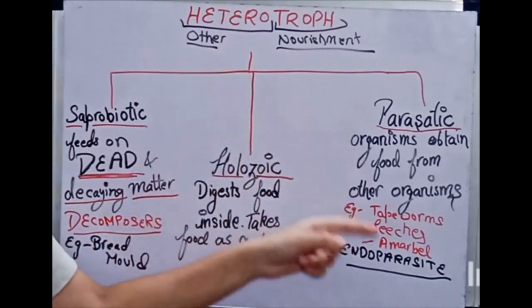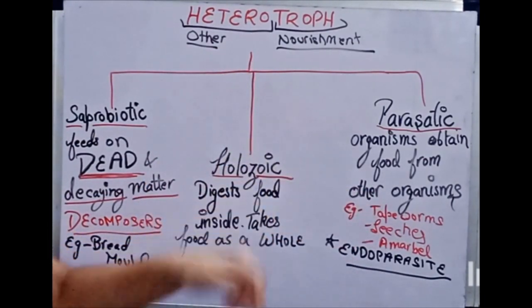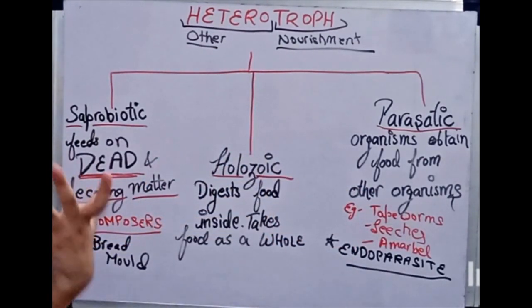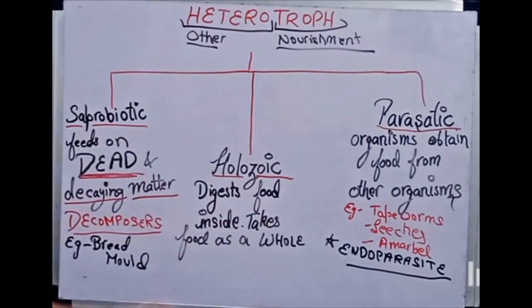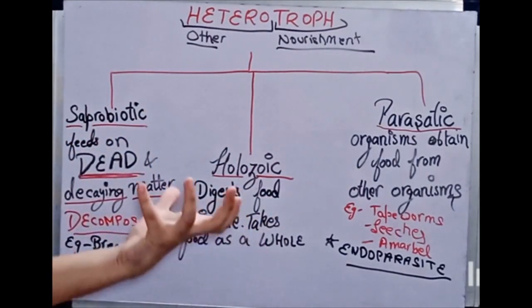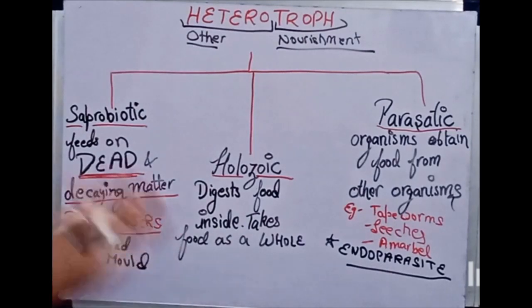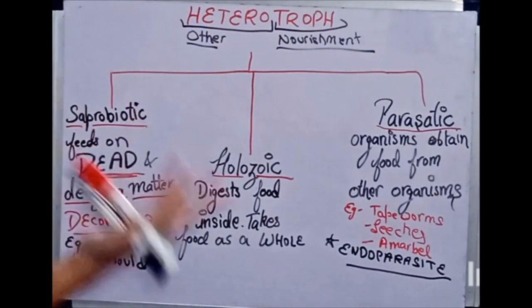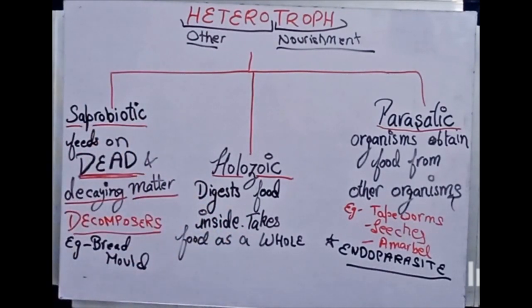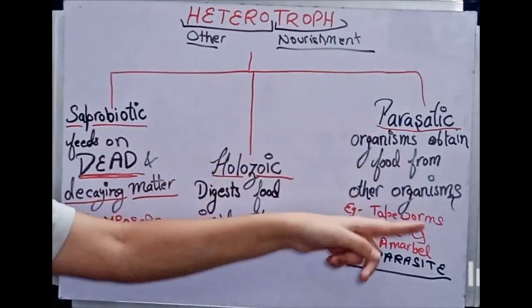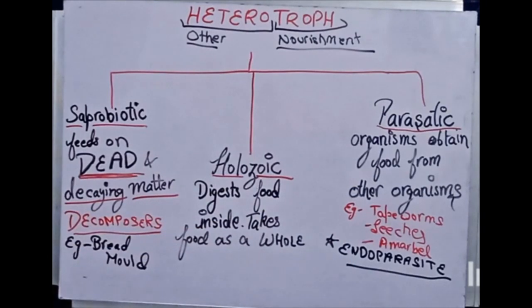Sometimes the question arises that if, for example, amarbel or tapeworms are obtaining food from other organisms, are they killing that organism or trying to harm them? So the answer is no. If I take the example of tapeworm, the tapeworm is taking food from me.